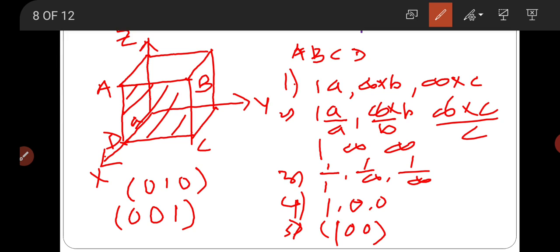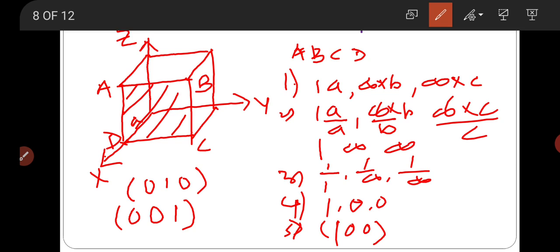Now here, remember, if the plane intersects a negative axis, suppose the same ABCD plane intersects the positive x-axis, and another plane intersects the negative x-axis, so what will be its Miller indices?